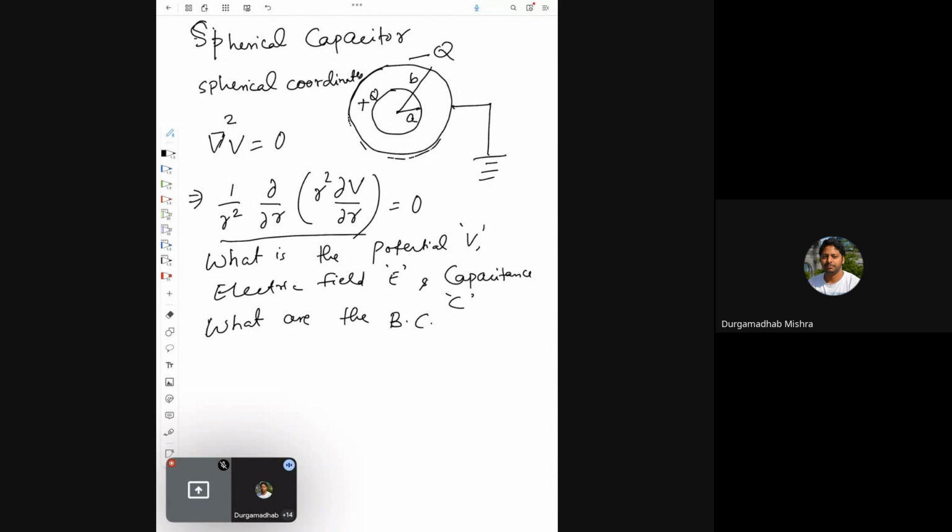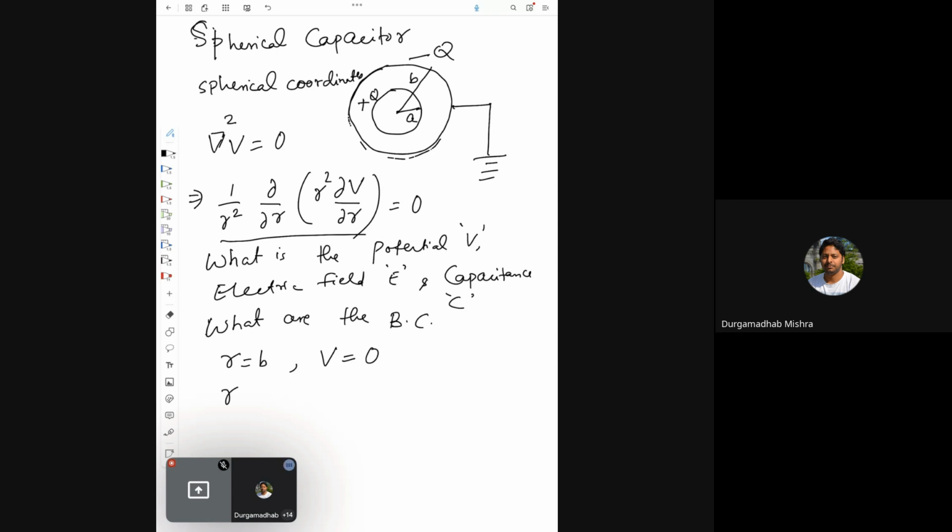In this case, it may not be given, but you will be able to figure out what the boundary conditions are. If the boundary condition is given, then things are easy, but if it is not given, we can still figure it out. We know that the outer plate is grounded. So if r is equal to b, what will be the potential there? It will be equal to 0 because it is connected to the ground. That is one boundary condition.